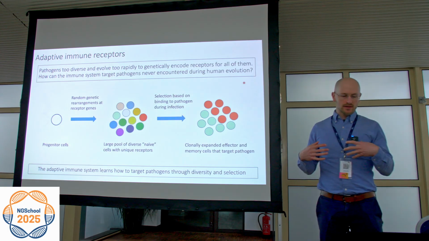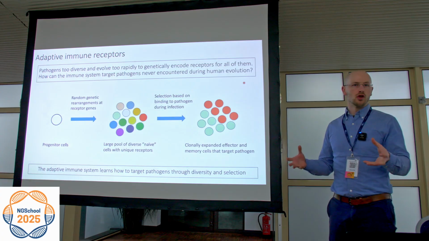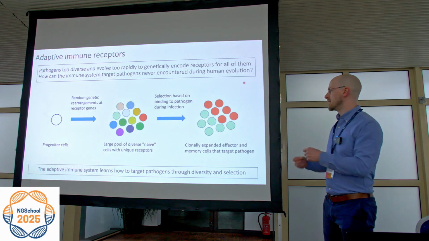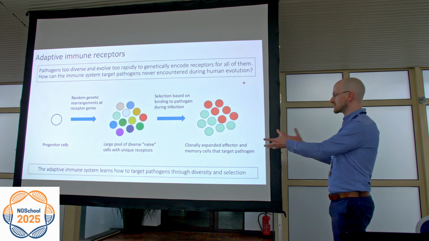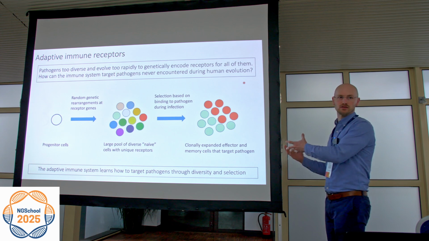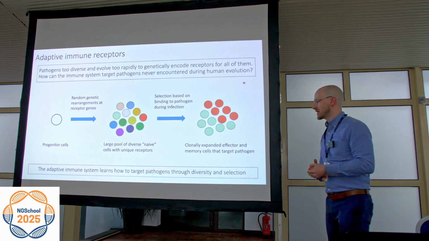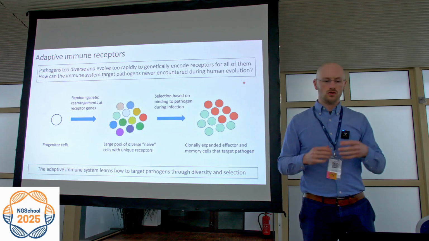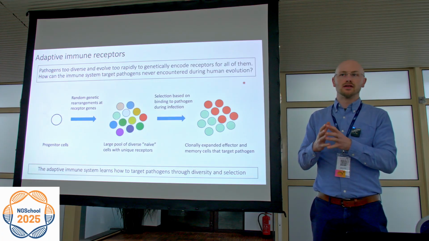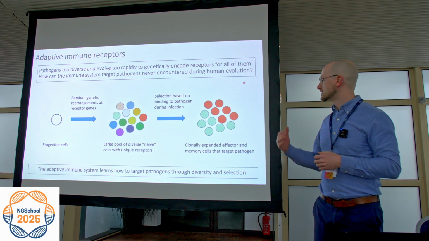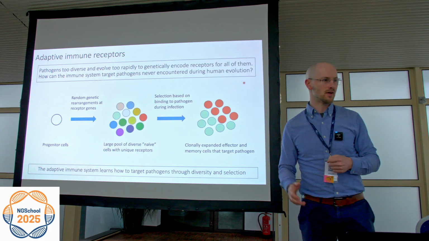So it's this process of first generating a large, diverse pool of random receptors and then selecting the ones that actually bind to viruses. And this allows us to anticipate and learn patterns of the pathogens that we're actually infected with.